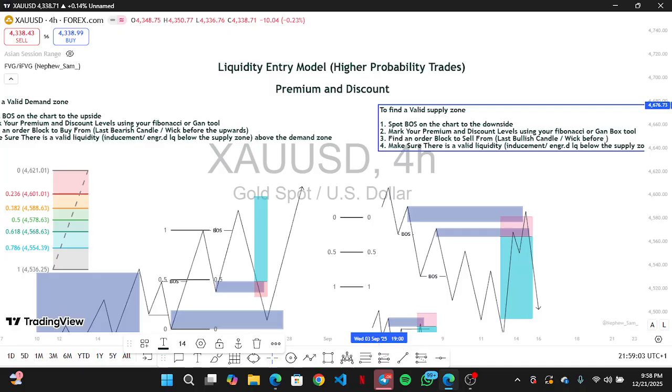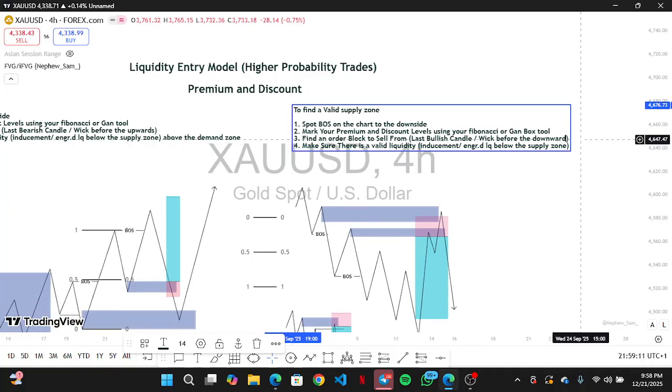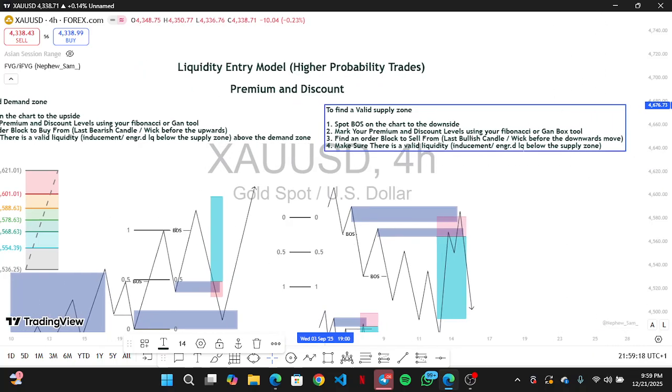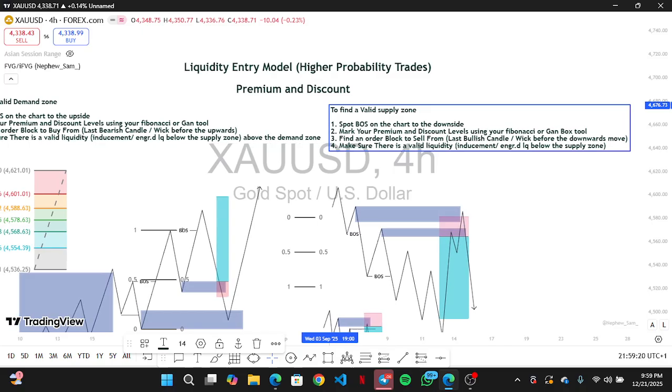before the downwards move. This one is downwards. Then make sure there's a valid liquidity zone, inducement or engineered liquidity, below the supply zone.